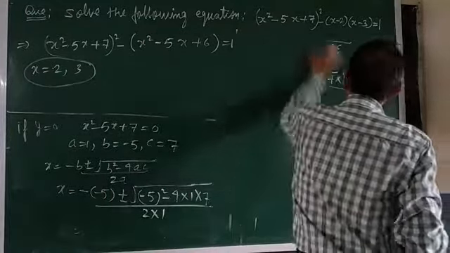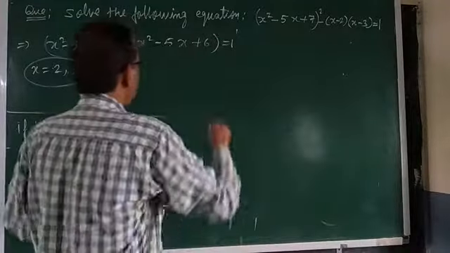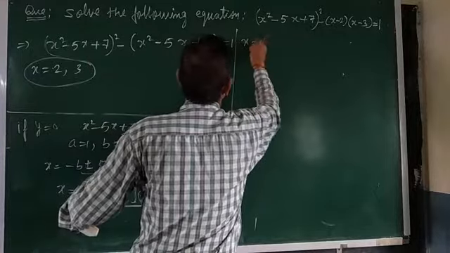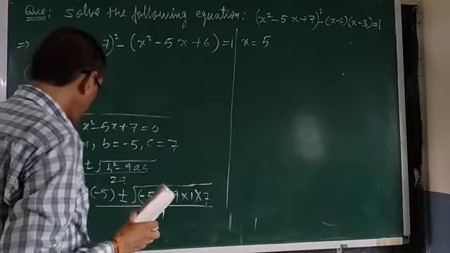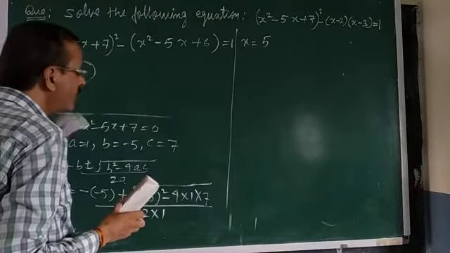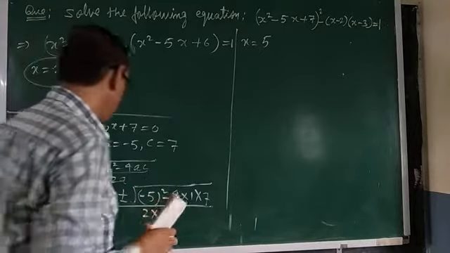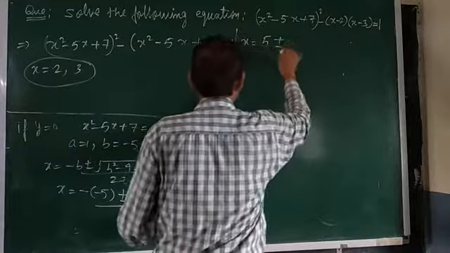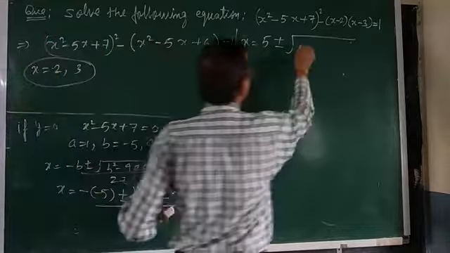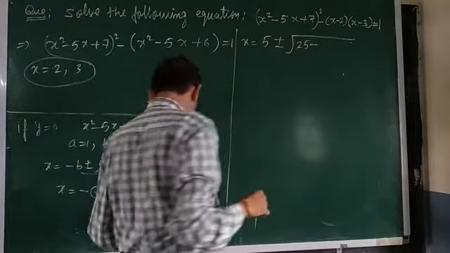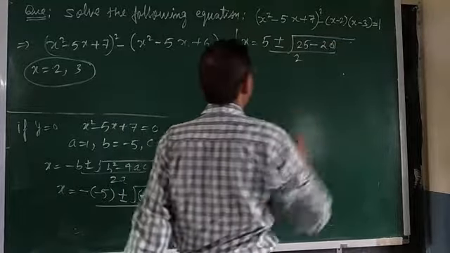A little lengthy but easy. x is equal to 5 plus minus under root, minus 5 whole square means 25 minus 28, overall upon 2.